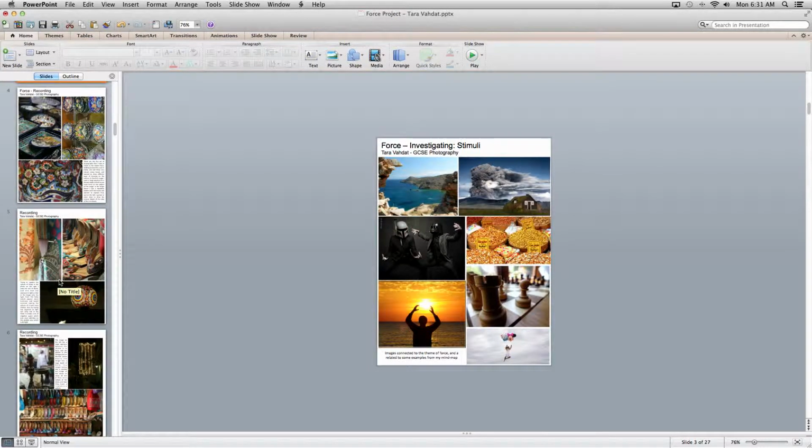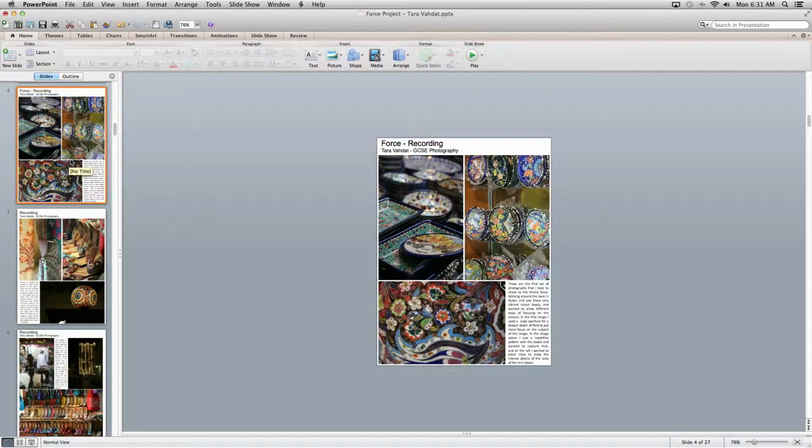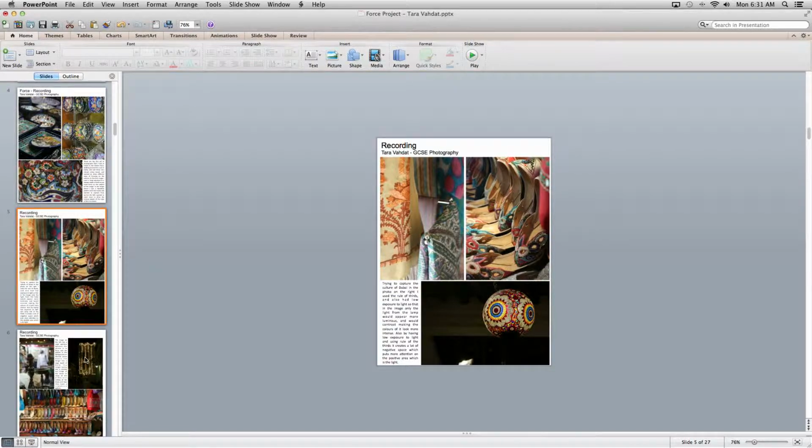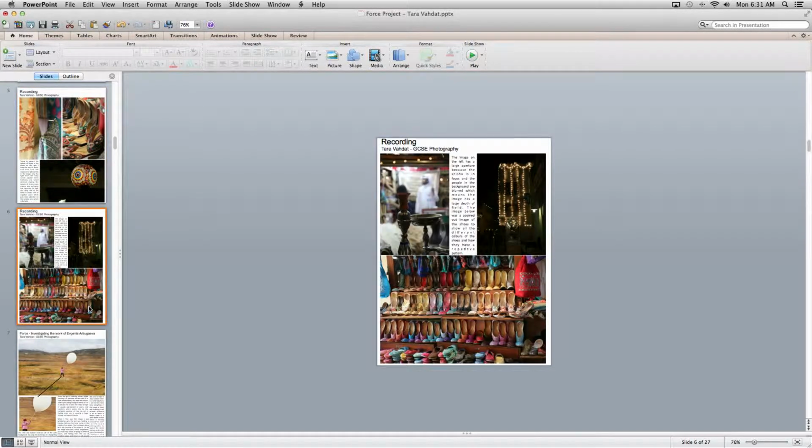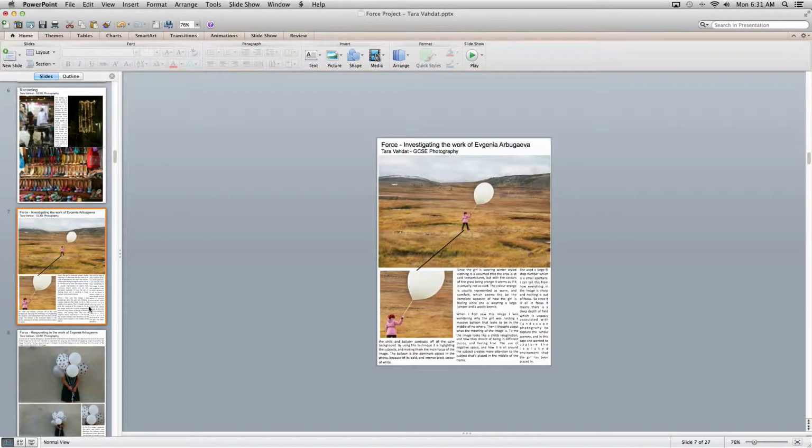So you've got your stimuli page, you've got your first set of recording. It would be nice to have some shutter speed and aperture values on these pictures. This will show that you're understanding the values and you're very clear about that. Your first investigation, good. This is a good analysis.